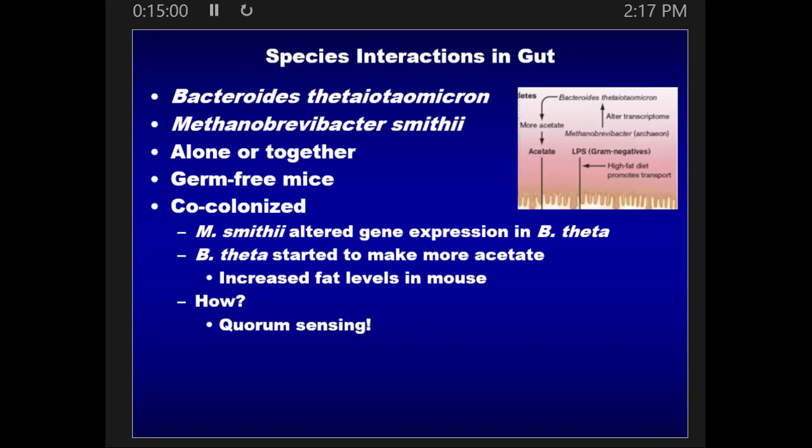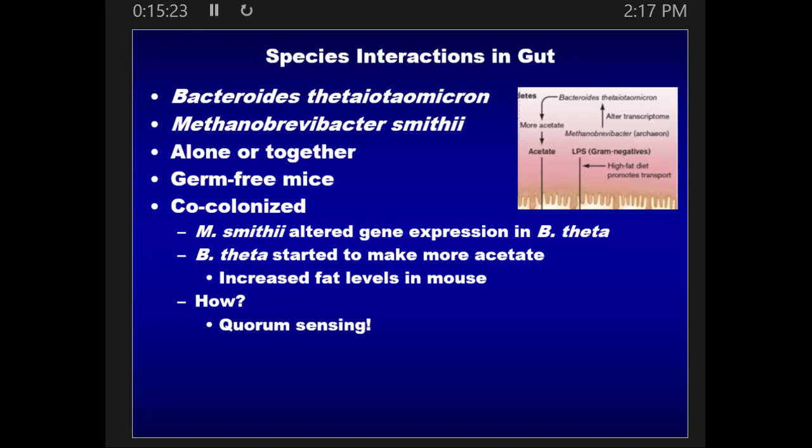We had quorum sensing going on where there were chemical signals being produced by the microbe, sensing signals, and that shifted Bacteroides. And so this was a very clear example of how, in this case, quorum sensing between microbes was contributing to fat deposition in the mice.